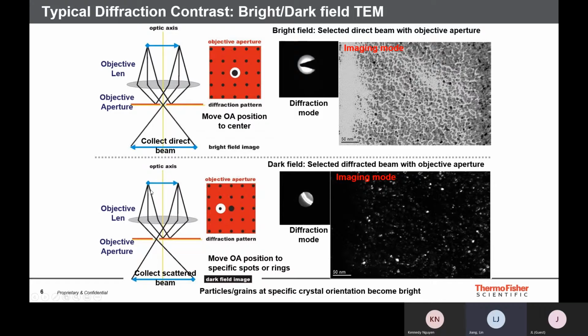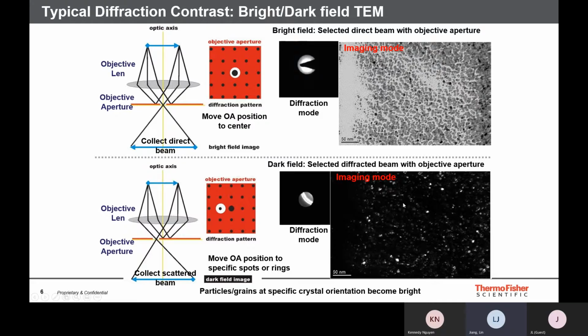The difference is if you use the objective aperture to select the other spot, we're going to see the dark field imaging. If we select a different orientation using the objective aperture, for example, here, if you select this specific ring, all the grains with that specific orientation are going to be visible in dark field.